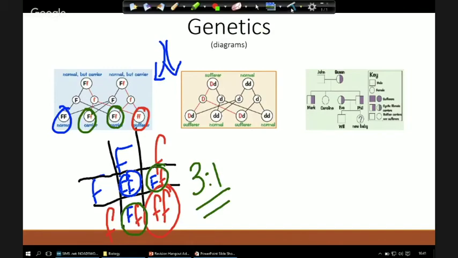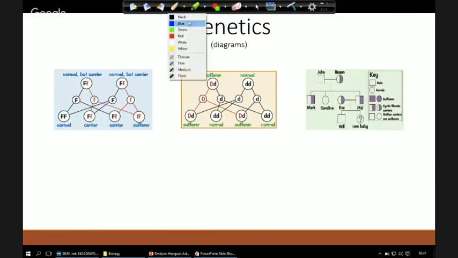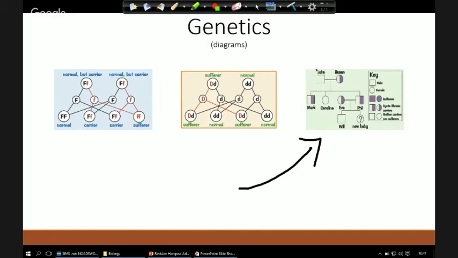Now, typical exam questions point towards things like this right-hand diagram. They give you some kind of key. I've got two people, John and Susan. John is a male, and he's neither a carrier nor the sufferer. So he will have two dominant alleles.